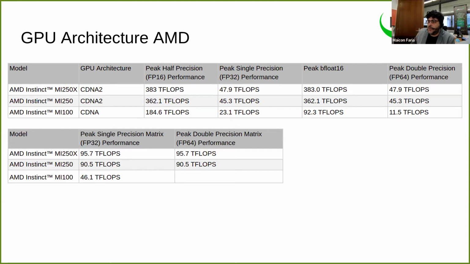This is quite impressive, and also for single precision and half precision. You also have the information about the matrix, which is equivalent to the tensor capabilities of the CUDA GPU. So it's quite impressive, the evolution of the AMD hardware in terms of raw performance.